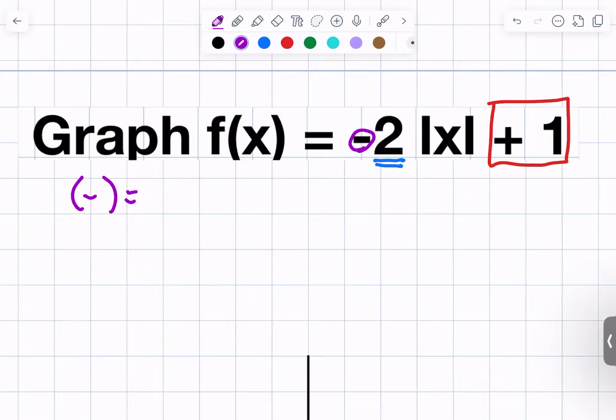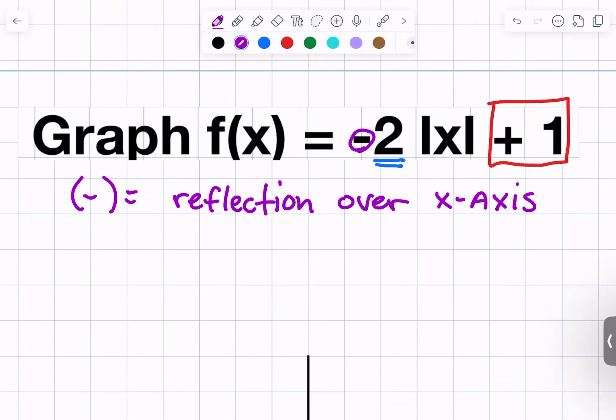What does the negative do to my function? It's a reflection. Is it on the inside or the outside? It's on the outside, so it affects my y-coordinates. So it's going to be over my x-axis or my y-axis? X-axis always, right? If it affects my y's, it's going to be over the x-axis. Okay?